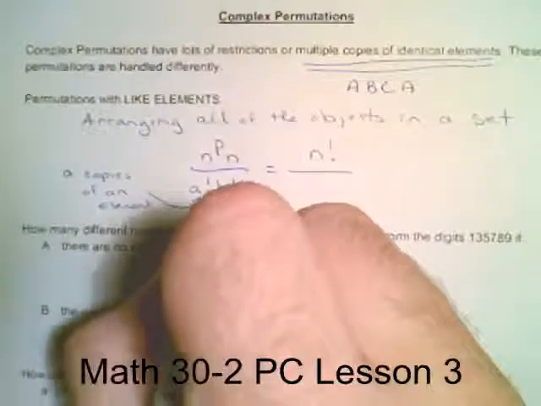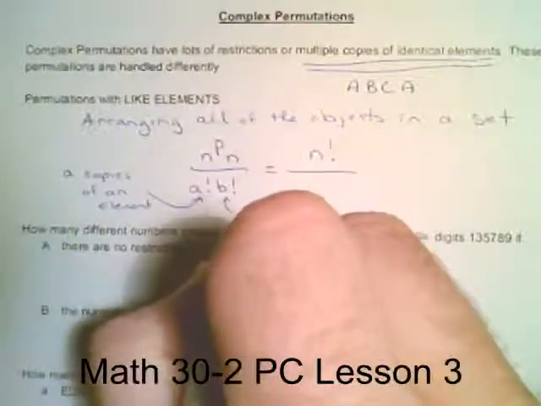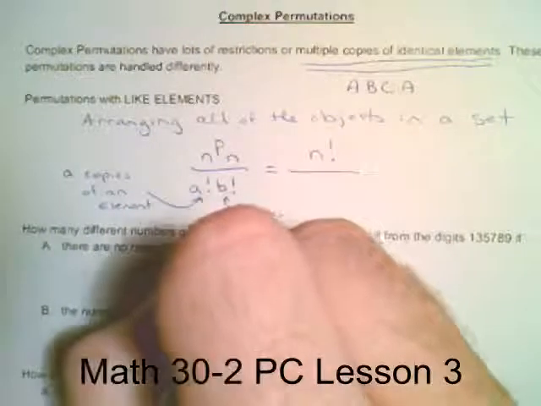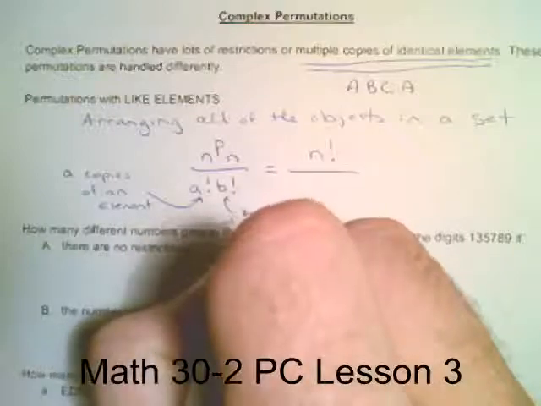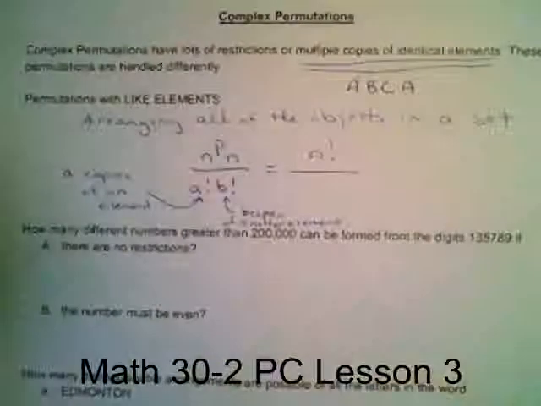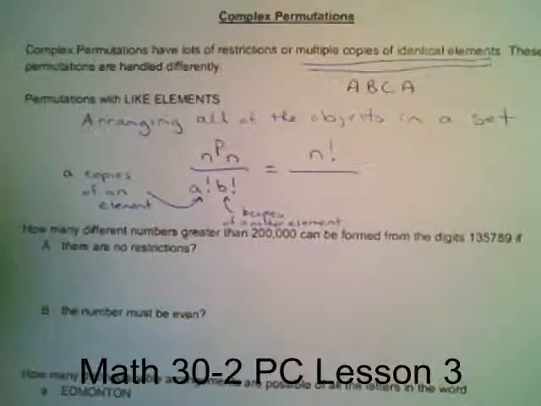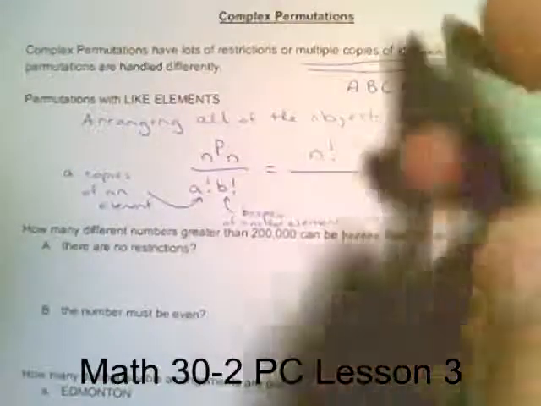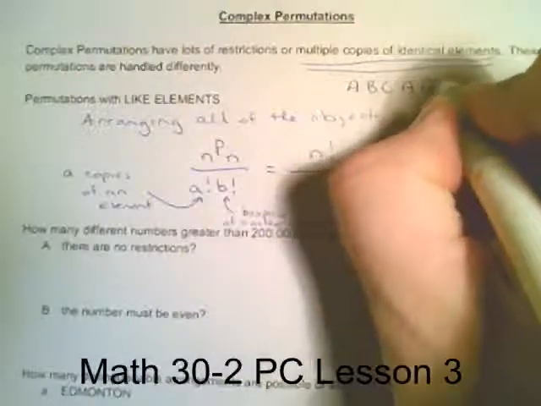And you just keep going with that. You're going to divide by b factorial because you have b copies of another element. Okay, and so sometimes you have multiple things.